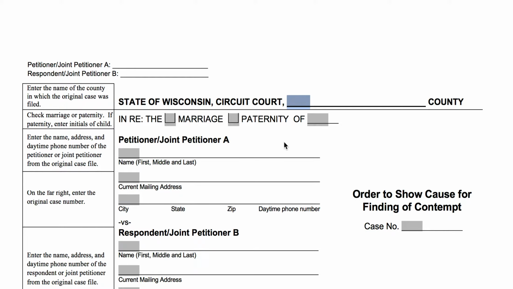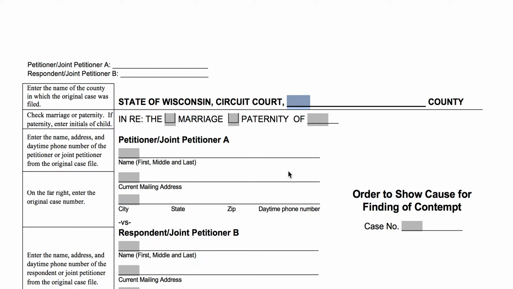So the contempt forms are used when you have an existing court order and you have someone who you believe, the other person usually in the case, is intentionally not following the court order. So those are the two things. I'll get some people who say they want to do contempt, but they don't have an order yet.